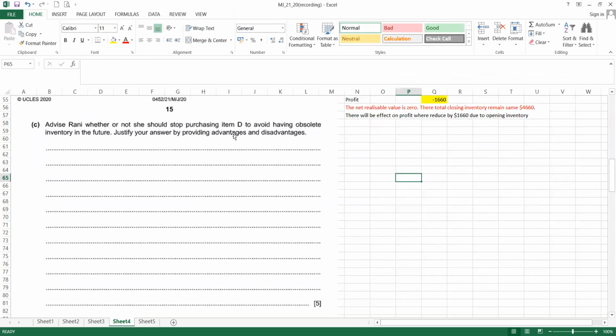Advise Rani whether or not she should stop purchasing item D to avoid having obsolete inventory in the future. Justify your answer by providing advantage and disadvantage. So we first put in what is the advantage when we stop. We give 2 points since this is 5 marks.